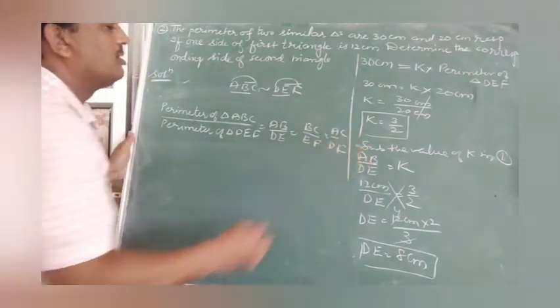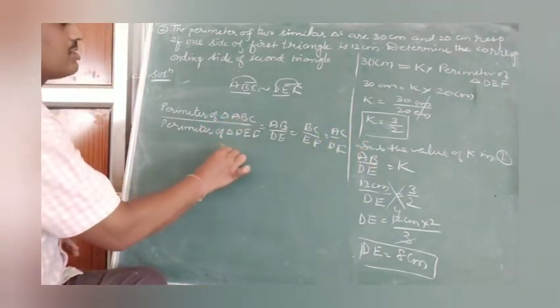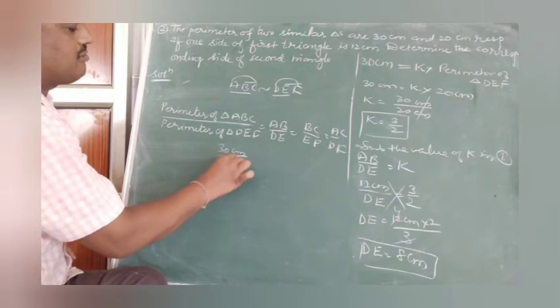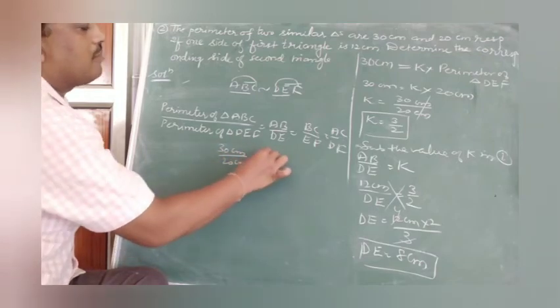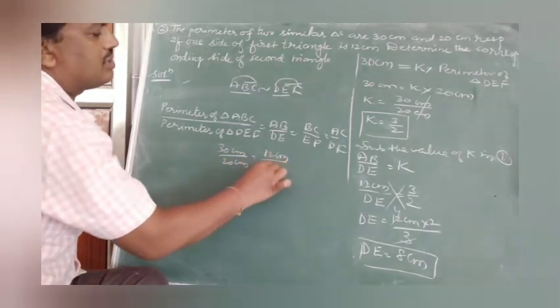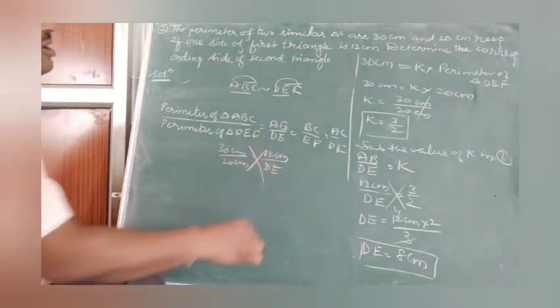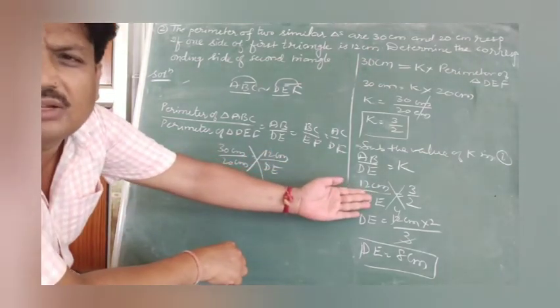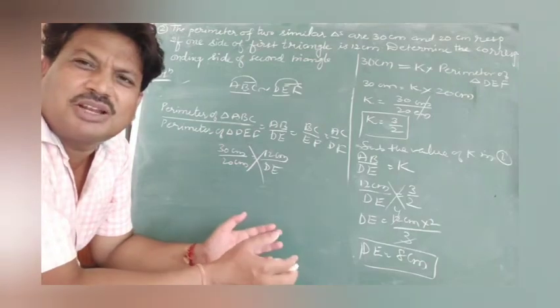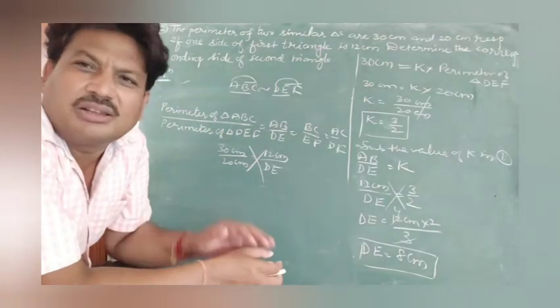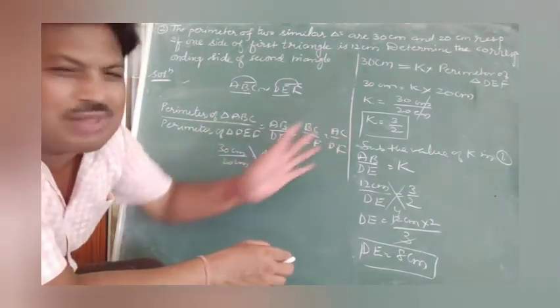It's method 2. So this is given 30 centimeter. This is given 20 centimeter. AB value given 12 centimeter by DE. Just by cross multiplying, we came to the same answer at last. But this method is required by heart. Actually it came from that only.